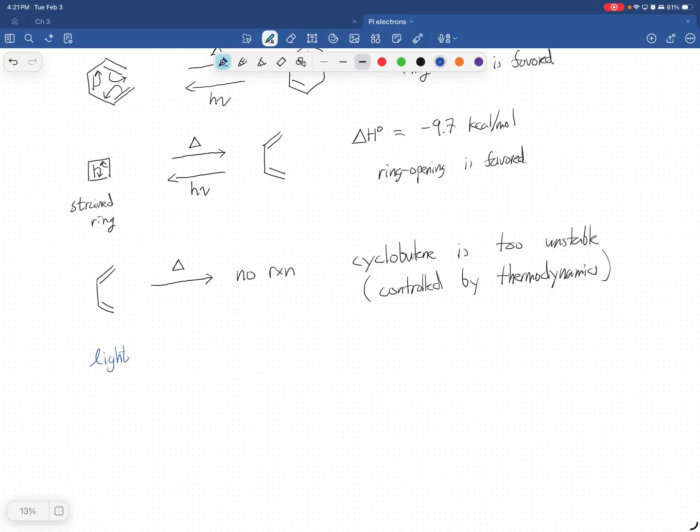So this won't work with heat, but light, or photochemical reactions, is where light is used to drive a reaction forward. They can form unstable products by excitation, by exciting a molecule.